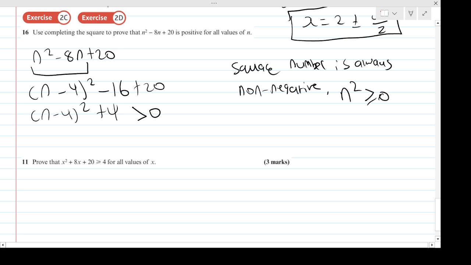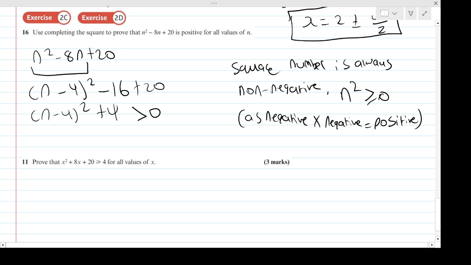Because think about it, 0 squared would be 0. But then if we had 1 squared, that would be 1. Well, that's positive, right? But also minus 1 squared will also be positive 1, because you're squaring the number, meaning you're timesing the number by itself. So negative times a negative is a positive, right? And that's essentially the reason behind this, okay?